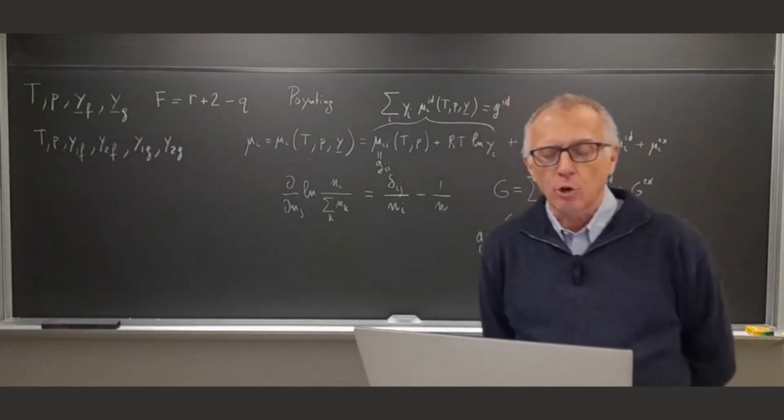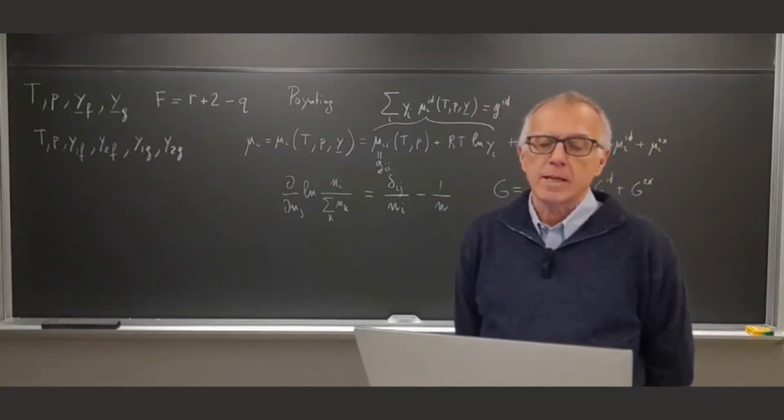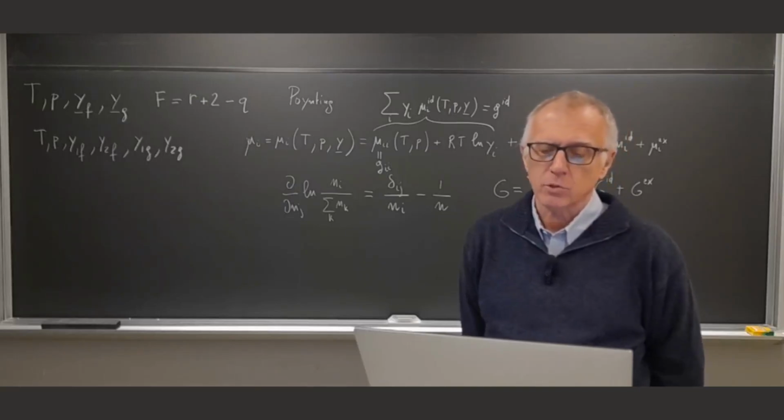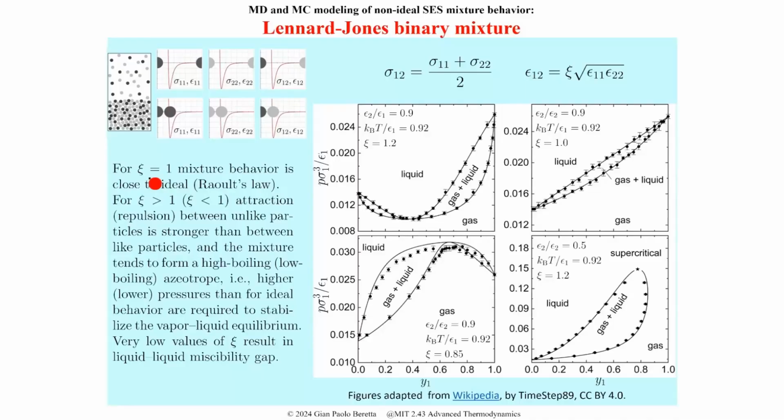There is also a Lennard-Jones model of the binary mixture. So here, this model is taken, again, from this article on Wikipedia, from which I take these plots, very nicely done.